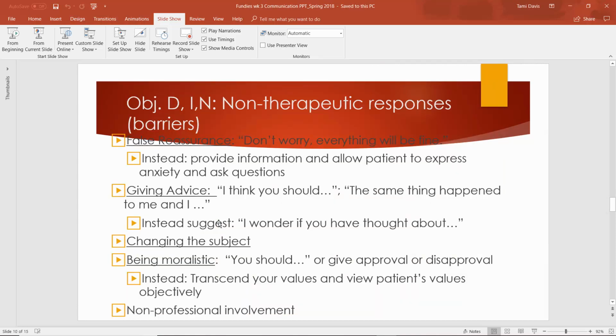Then non-therapeutic communication. Non-therapeutic communication is the opposite of therapeutic, right? It's anything that puts up barriers or blocks to the patient exploring their feelings. We've got a few examples here of things that we should try to avoid. And it's equally important to understand and to be able to identify non-therapeutic communication as it is therapeutic communication.